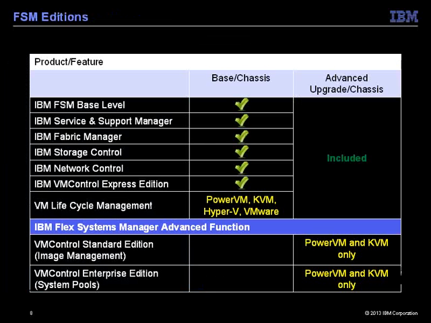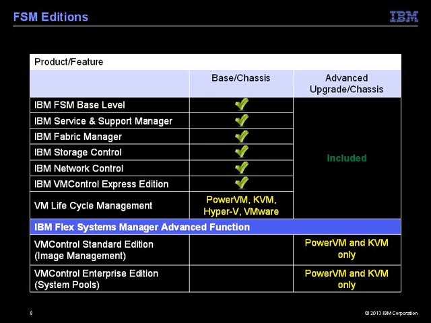When we start looking at this more closely, we'll have to remember that there are 2 different types of FSMs. There's the base model that does everything we just described, and there's also an advanced feature that you can activate that does some additional things within the VM control landscape. Those are the captures, deploys, and image management capabilities also included within the FSM.